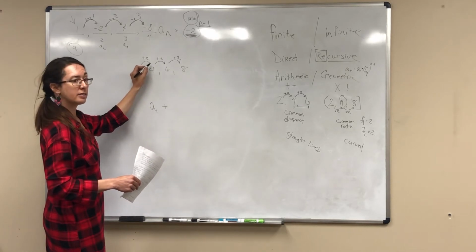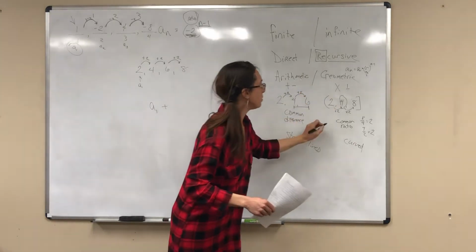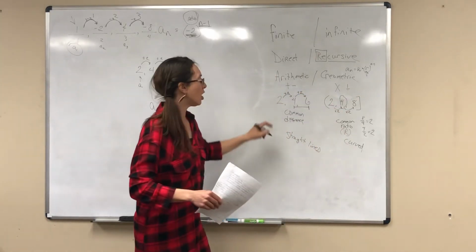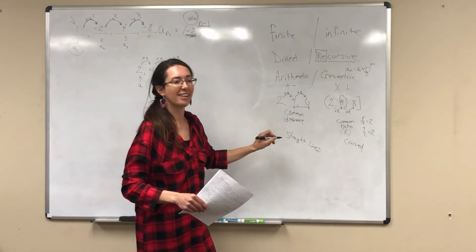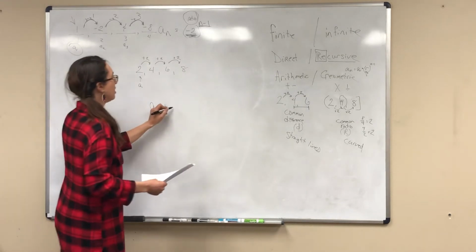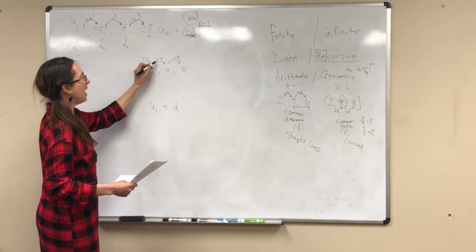Our jumps for the geometric one were our common ratio, which we called R. Our common difference, what do you think we call it? D. So I'm going to jump my common difference how many times?